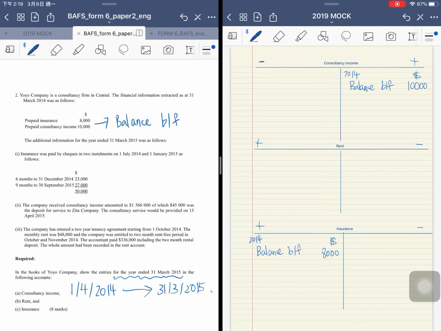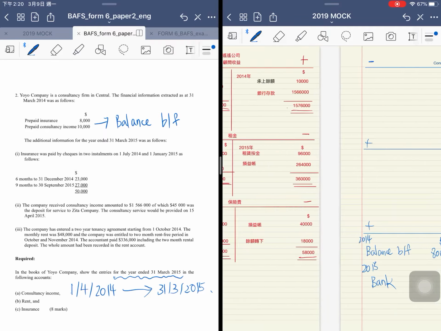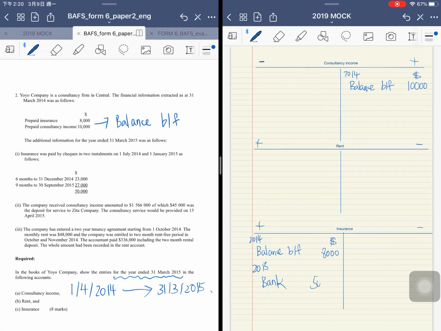So let's see the first additional information. Insurance was paid by check in 2 installments on 1st of July 2014 and 1st of January 2015 as follows. So actually we have paid $50,000, so for the insurance we have to record our bank account $50,000.